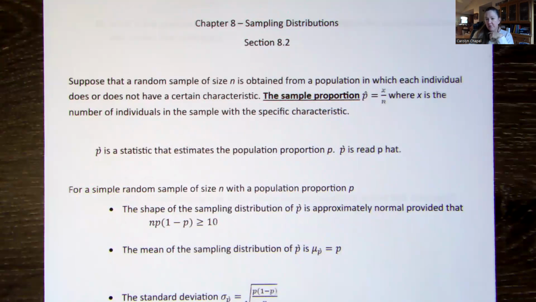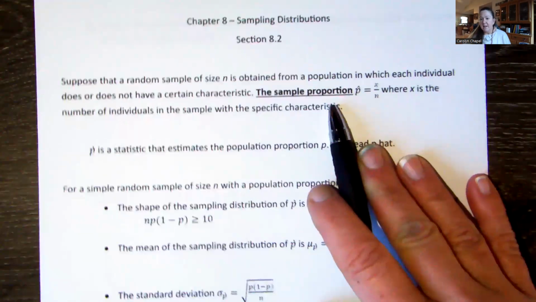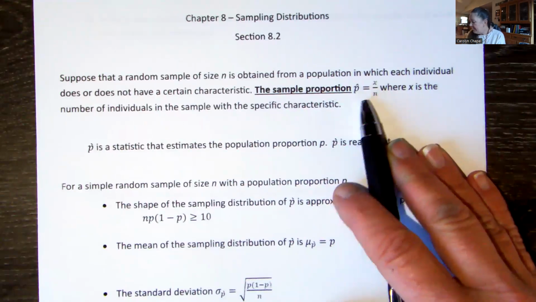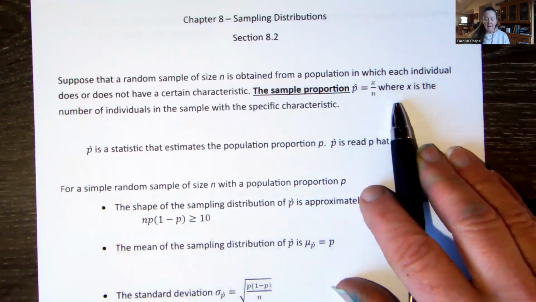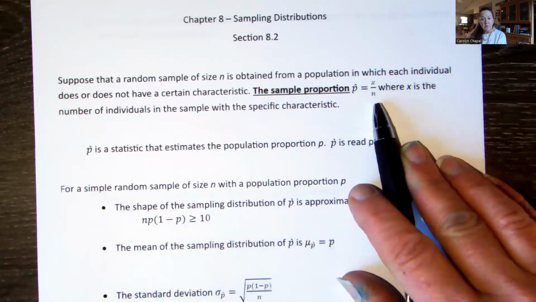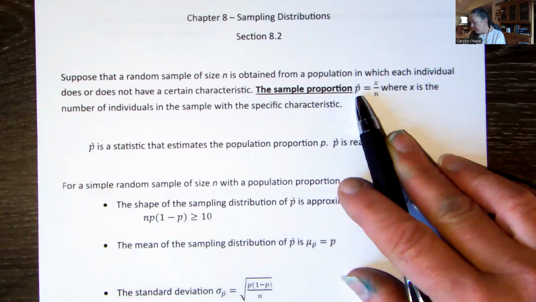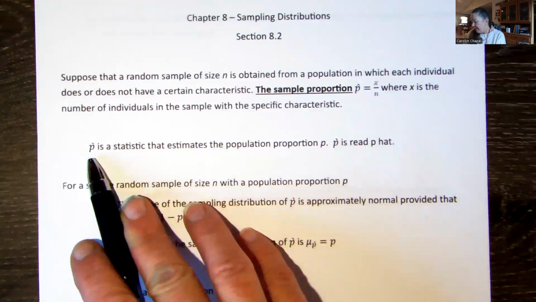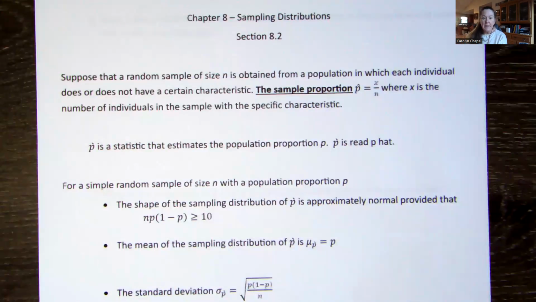Now, the sample proportion, that's the definition we're defining here, is p with this little accent mark over the top. It's equal to x over n, where x is the number that do have that characteristic we're looking at. This will give us some sort of decimal or fraction. It is read as p hat, like a little hat on top of the p.